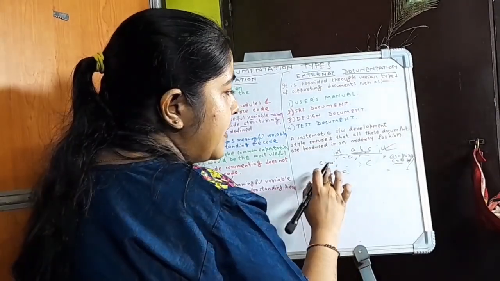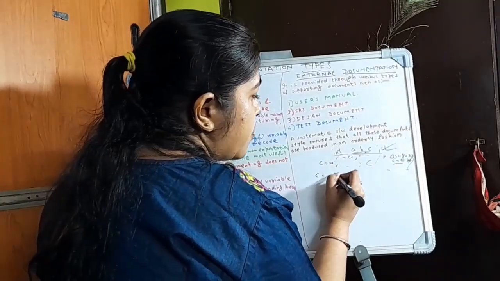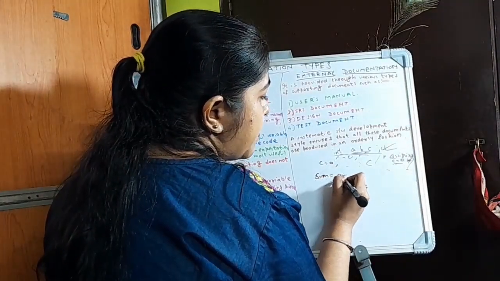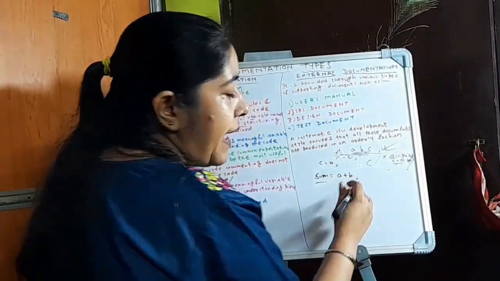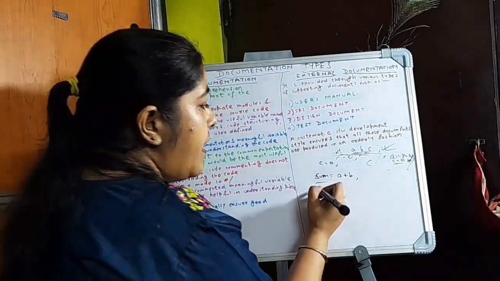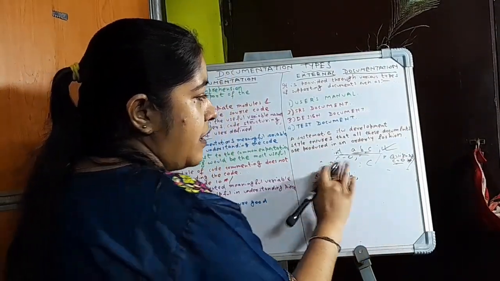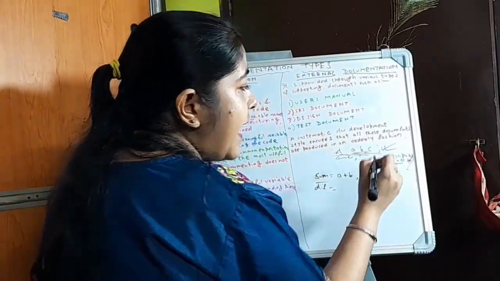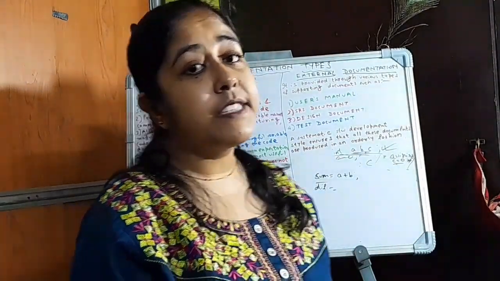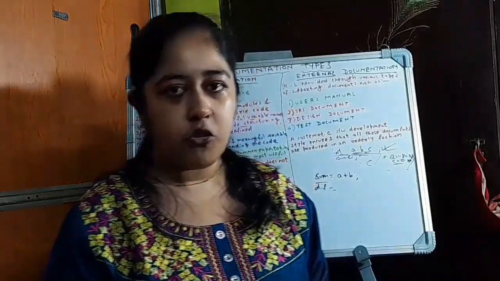So I have to write sum is equal to A plus B, showing that I am doing an addition here, or a subtraction here. These meaningful variable names are also very important in internal documentation.